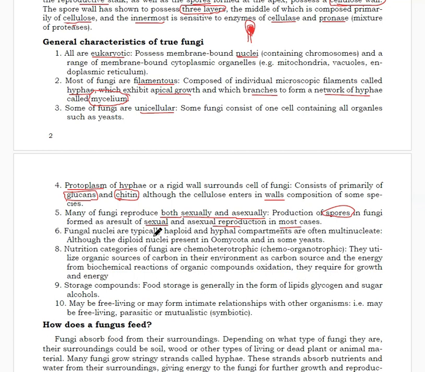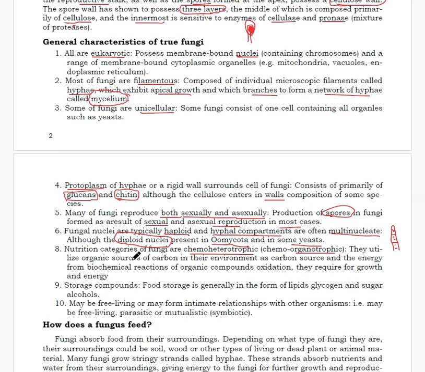Fungal nuclei are typically haploid, and hyphal compartments are often multinucleate. So if this is a hypha and there are several compartments, it can be multinucleate also, with two or more nuclei. Diploid nuclei are present in Mycota and some yeast. So they are majorly haploid, but diploid nuclei are also present. As for nutrition, they are chemoheterotrophic, that is chemoorganotrophic.